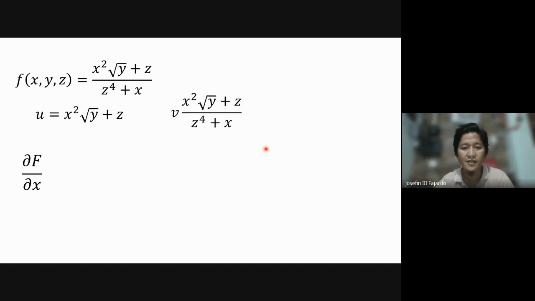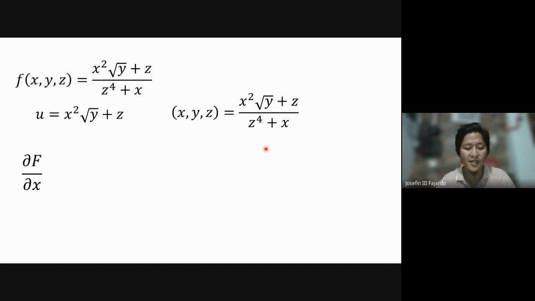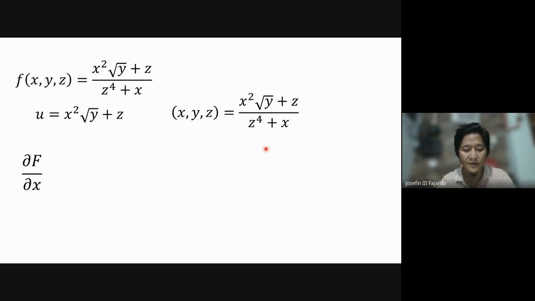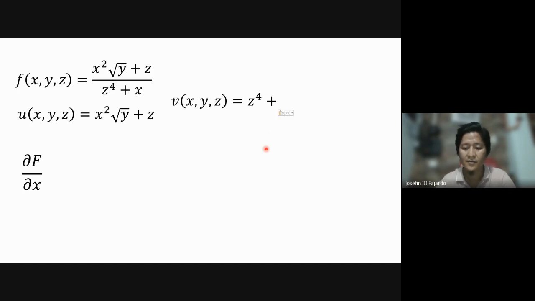V of xyz. Tingnan natin ito dito sa kabila para uniform sila. V of xyz naman ay itong nasa denominator natin. Plus x.